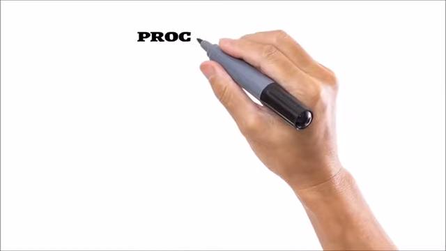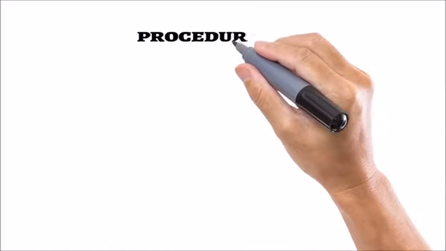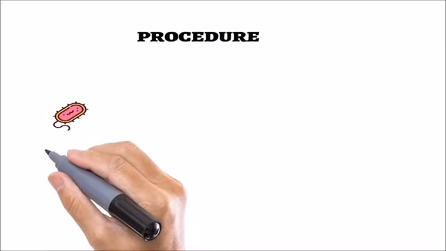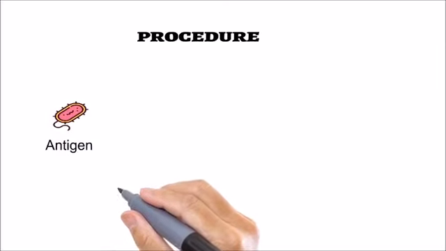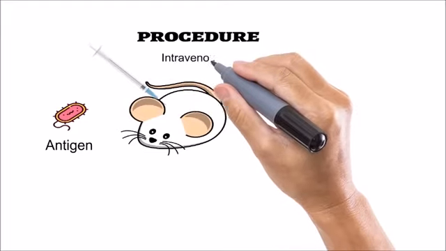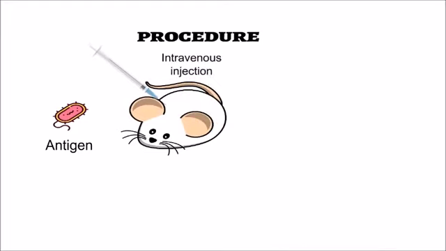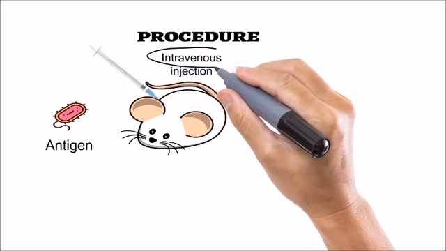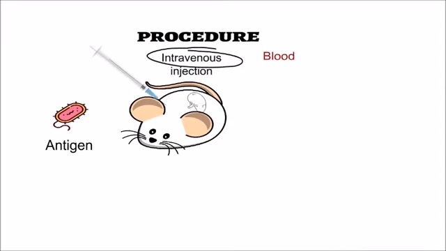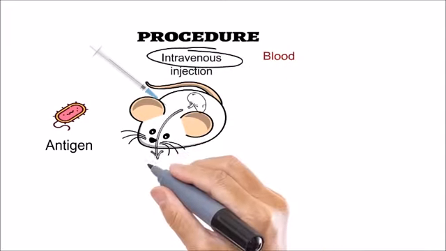Let us see the actual procedure of hybridoma technology. First of all, the antigen against which the antibodies are to be produced is injected intravenously into the lab animal. This lab animal is generally a mouse or any other mammal. Since the antigen is given intravenously, that is directly into the blood, the antigens are trapped in the spleen.